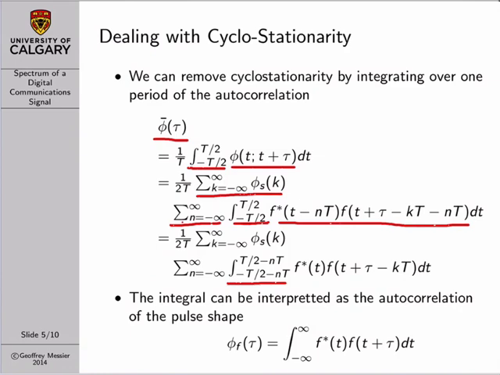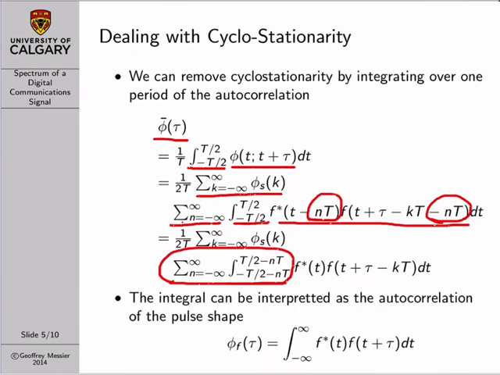I basically shift the integration index, and that allows me to pull nT out of both this location and this location. The benefit of this is, let's take a look then at the integral and the summation together.